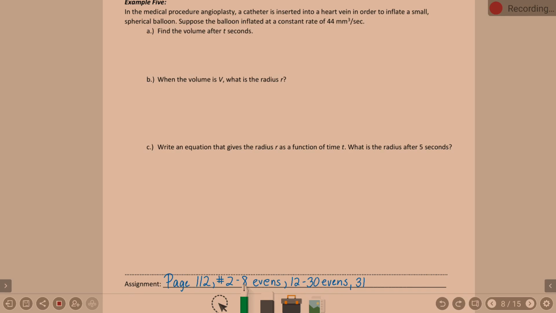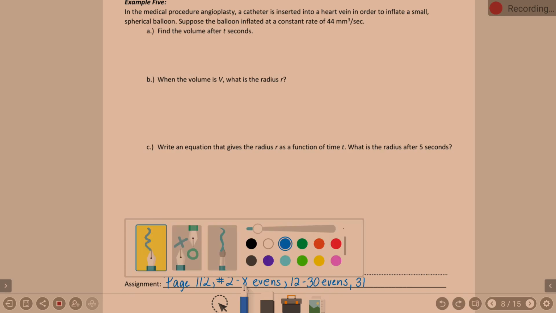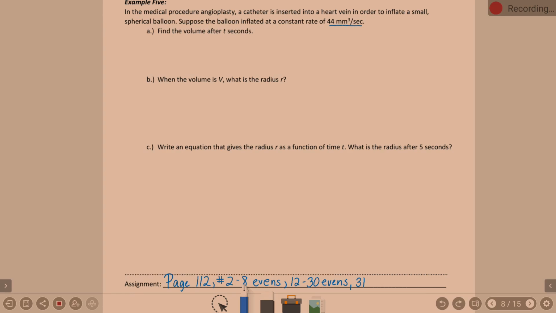So wouldn't it just be like 44 millimeters cubed times t? Maybe. Because it's 44 millimeters? Yeah. Millimeters cubed, right? Per second, which means we're just trying to find after how many seconds, t seconds, and we're just multiplying it by that per second. Okay.